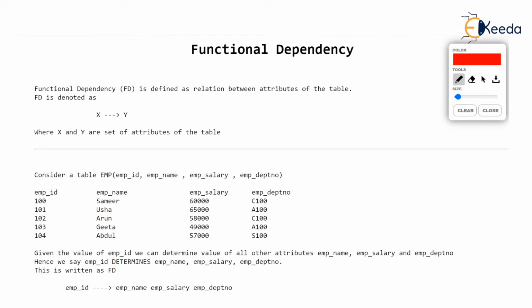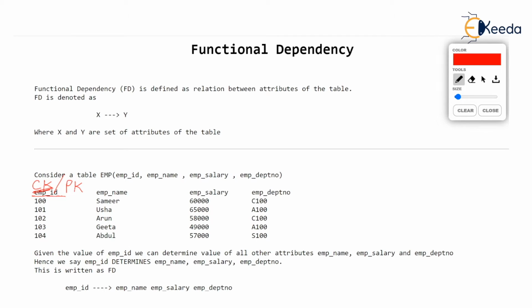Many times in database, we call this a candidate key. EMP ID is known as candidate key, or to be precise, in this example, it is called the primary key. But here we will use the term candidate key, and I'll tell you what candidate key is in big detail as we proceed. I think we have seen it in the relational model also, but I will tell you again what candidate key means.